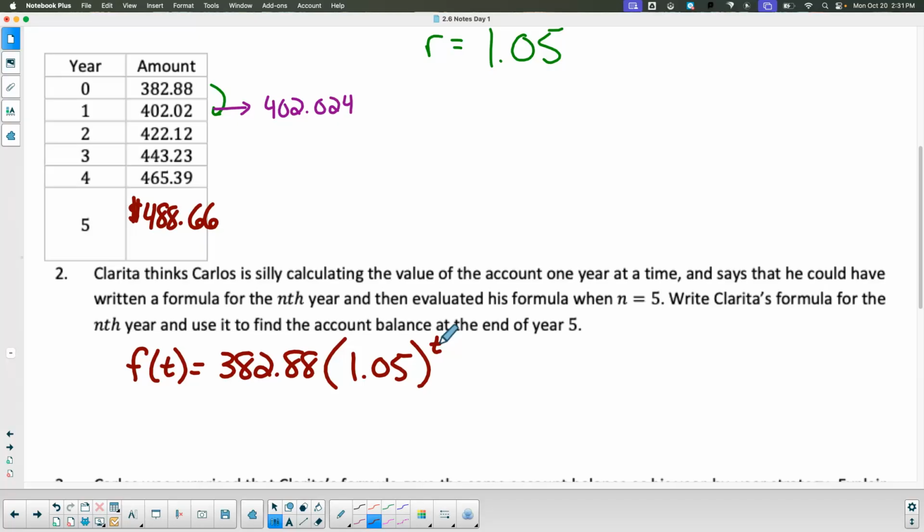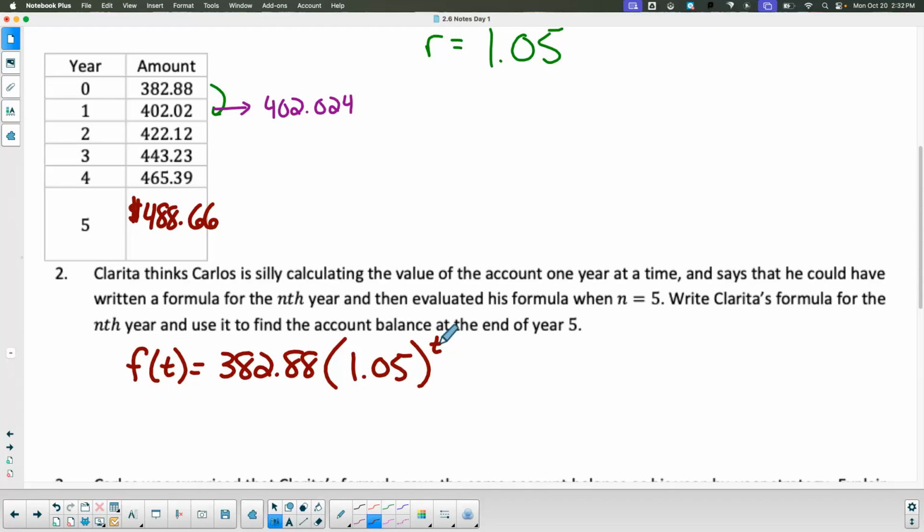Anybody come up with a different one? F of t equals 402.02 times 1.05 to the power of n minus 1. Or T minus 1, because you said your variable is T. Yep, that works out too.